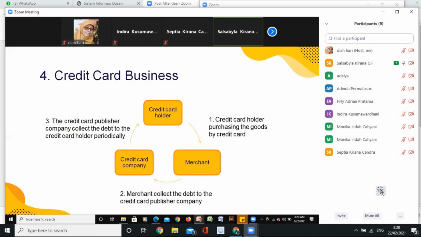So the selling system is like this. The first is the credit card holder purchases goods by credit card on a marketplace or offline store, and the merchant collects the debt from the credit card publisher company, and the credit card publisher company collects the debt from the credit card holder periodically.